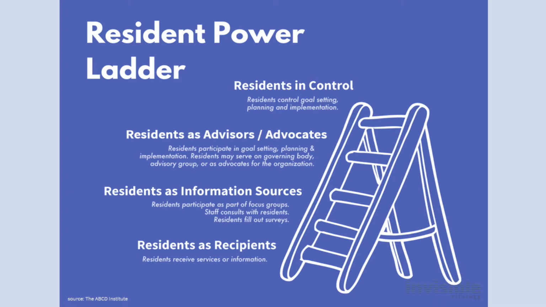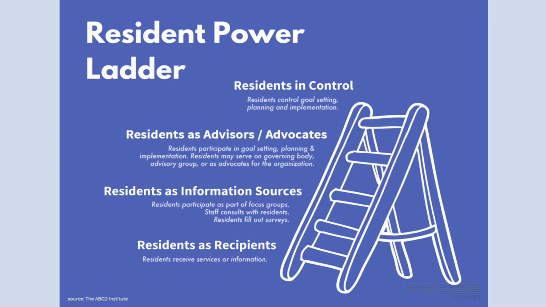So in this case, things like youth advisory committees, library advisory committees are places where agencies often seek out resident participation, more than just information, but for voice. Ultimately, at this level, residents still don't have the power to act, but they do have the power to speak and to develop their opinion of what they're saying.